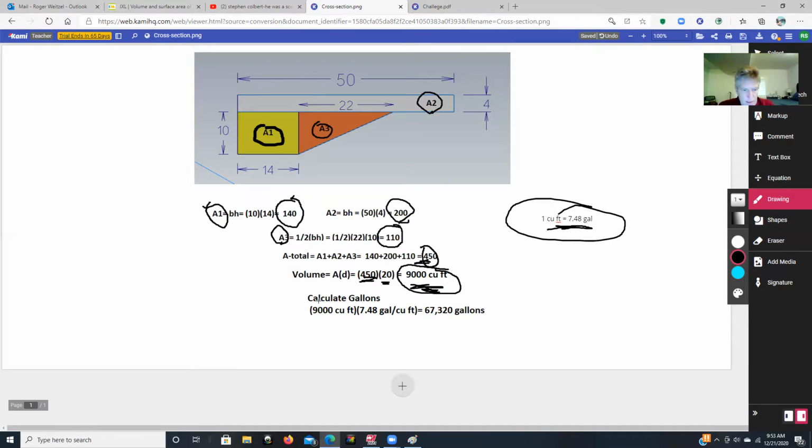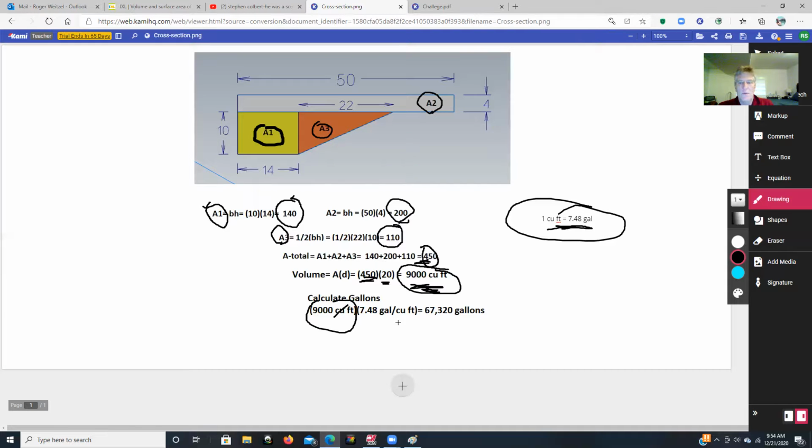So I'm taking 9,000 cubic feet. I take my conversion factor. I have 7.48 gallons for every cubic foot. Now, as we talked about before, when you set up a conversion factor, these are equal, so you can have either one on top. I want to make sure that the cubic feet cancel out, so the cubic feet need to go on the bottom.